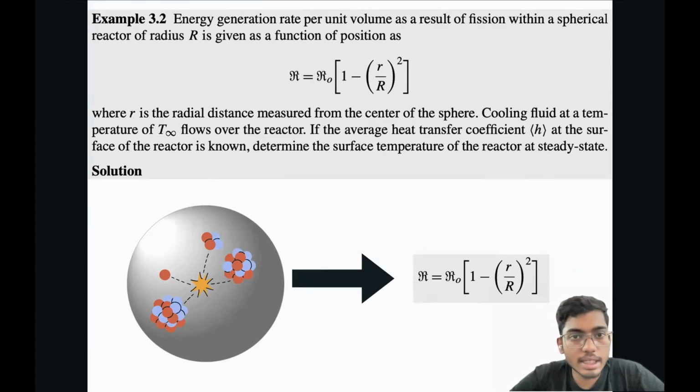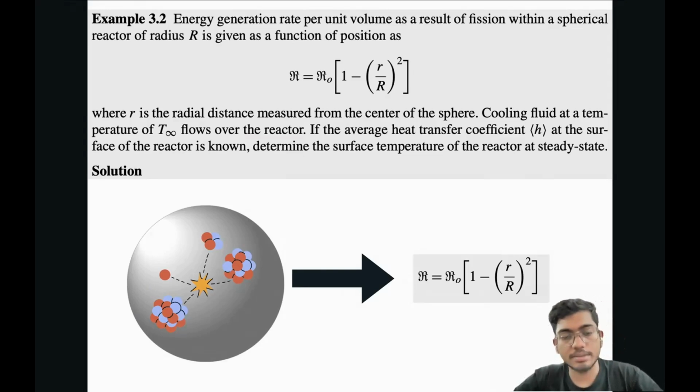So here we can see the generation of energy per unit volume is given, where r is the radial distance from the center. Cooling fluid at a temperature of T infinity flows over the reactor. So there is a cooling medium, a cooling fluid, which is flowing over the sphere. If average heat transfer coefficient is given, determine the surface temperature of the reactor.